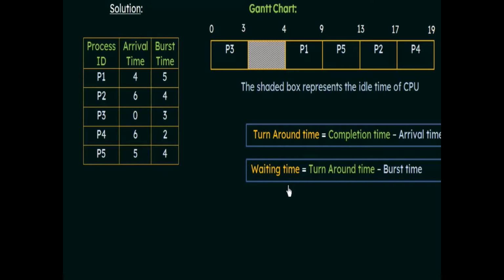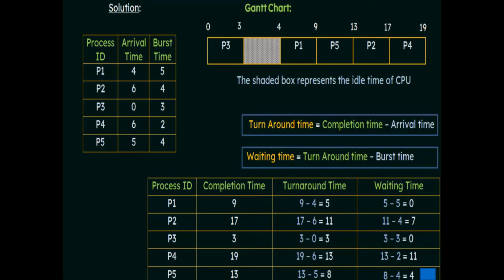Right? So we need to calculate these two quantities. Here we have this table in which we have process IDs P1 to P5, completion time, turnaround time, and the waiting time.